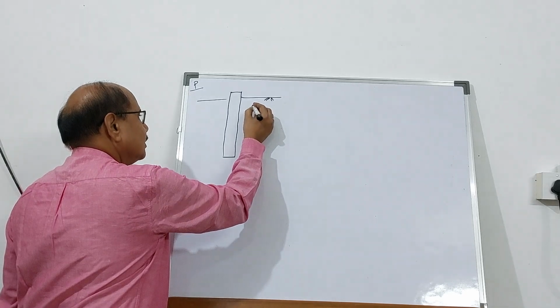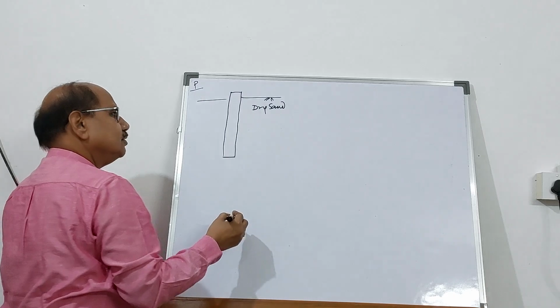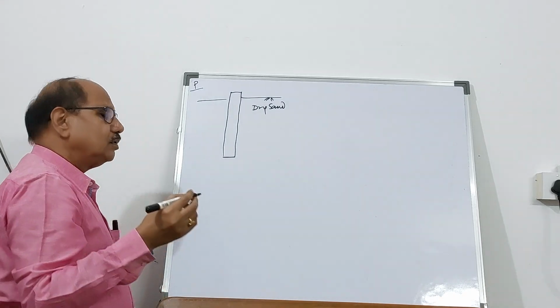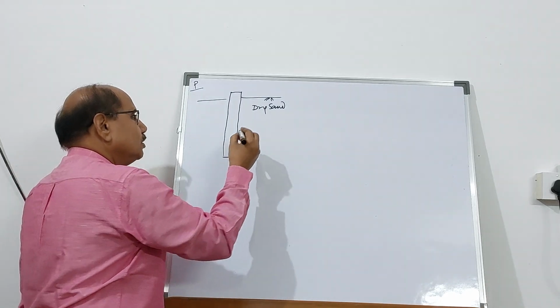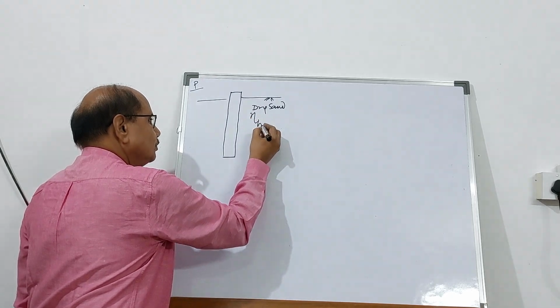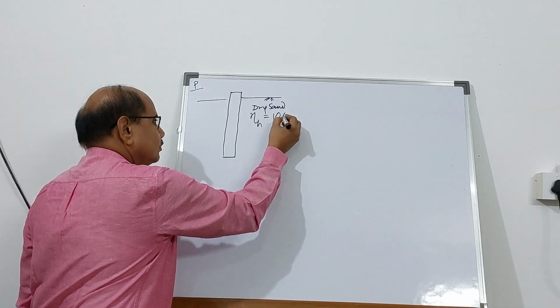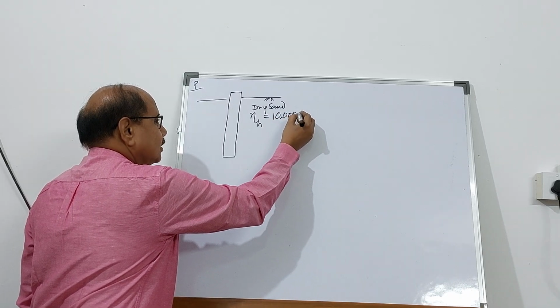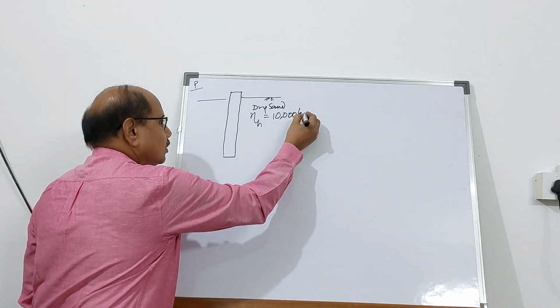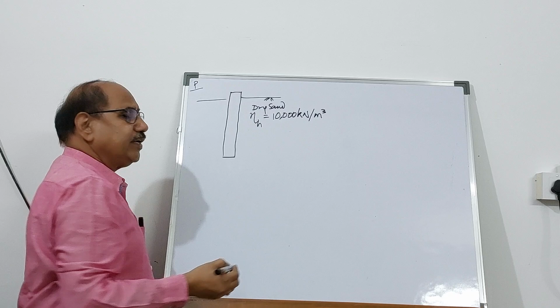So this is the dry sand. The value of horizontal subgrade modulus eta h is known to us as 10,000 kilonewton per cubic meter.